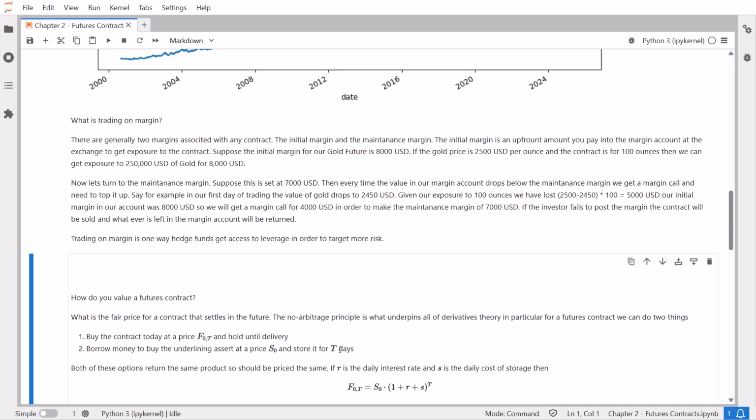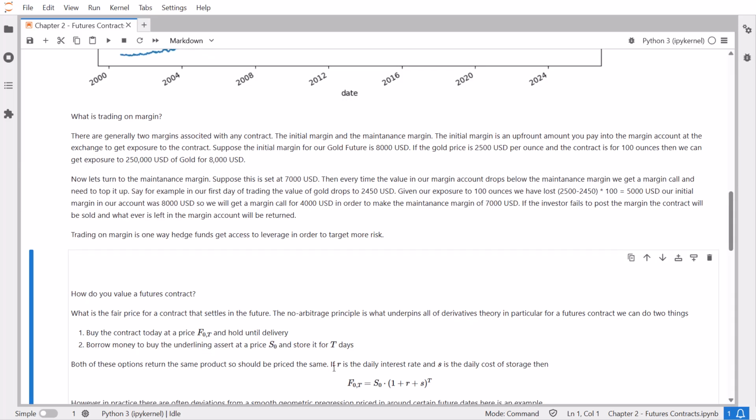So either buy the asset in the spot market now and just hold on to it and then deliver it in T days, or buy a futures contract to deliver in the future.